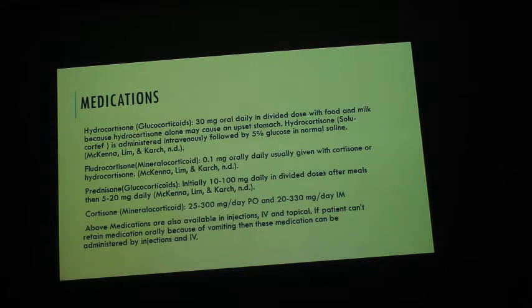All of these medications are available in injections, IV, topical, and orally. If the patient can't retain these medications orally because of vomiting, then they can be administered by injection or IV.